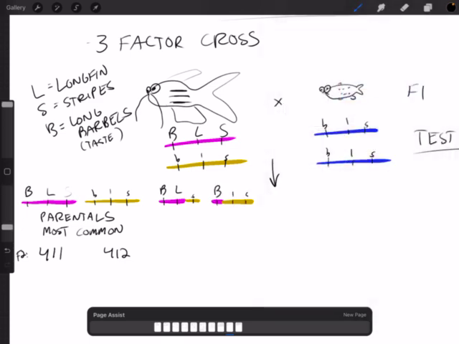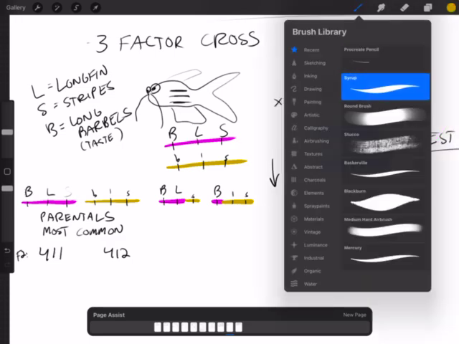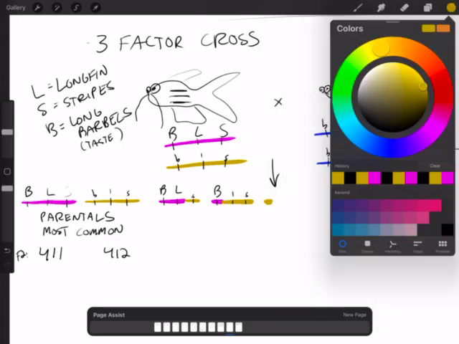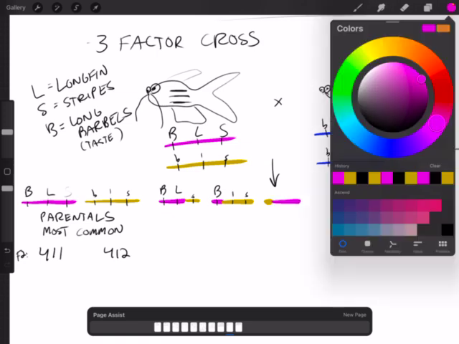We could have a single, and then we also have the opposite of those two chromosomes. So we could have the recessive B with the dominant L and S, or the recessive B and L with the dominant S. A lot of different combinations.